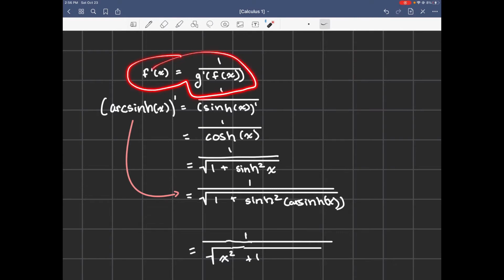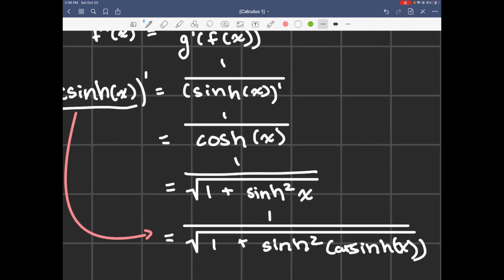The derivative of f of x is equal to 1 over the derivative of, well, the actual inverse of the function f of x. So let me explain that. This is sine h -1, or arc sine of x. That is going to be equal to 1 over the derivative of sine h of x.